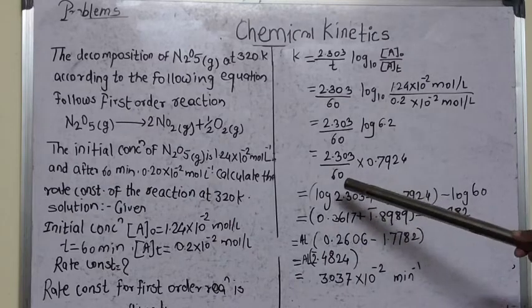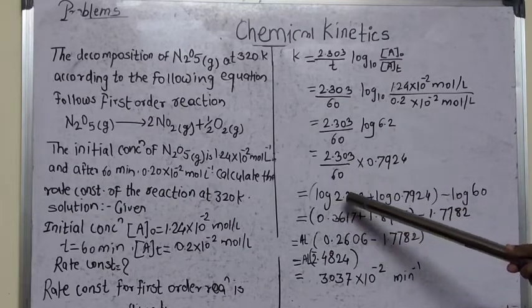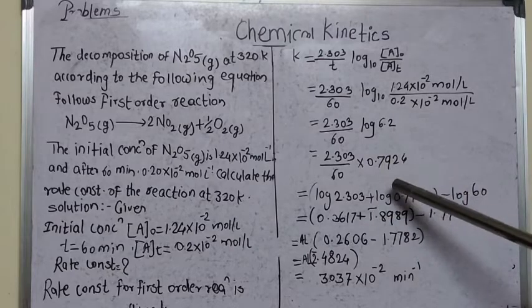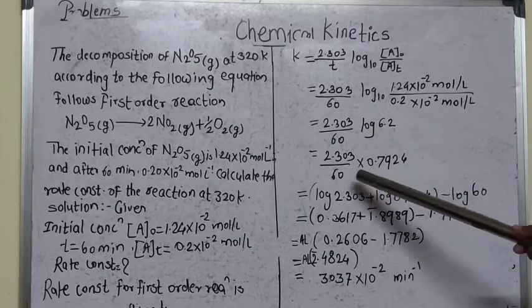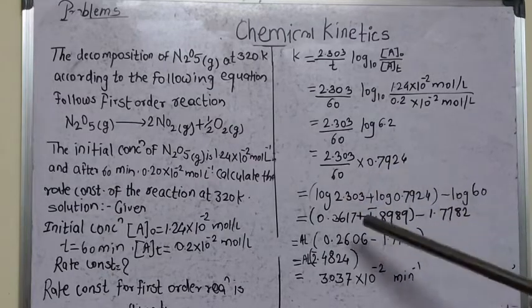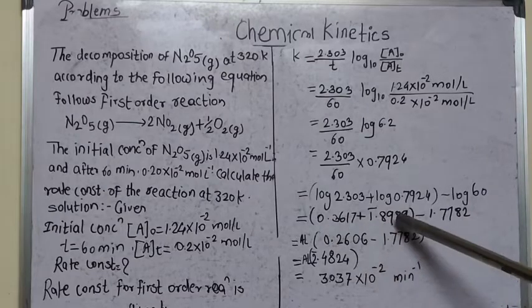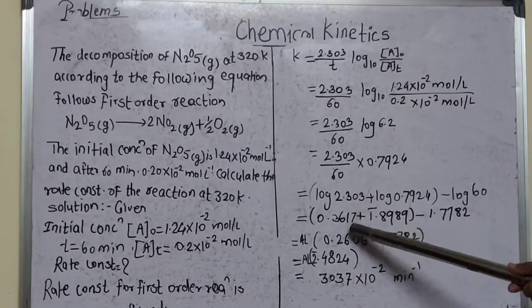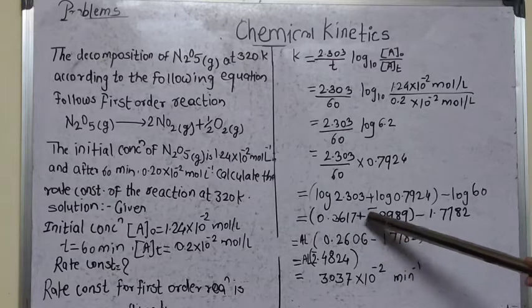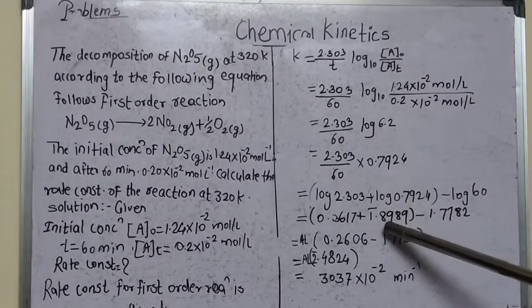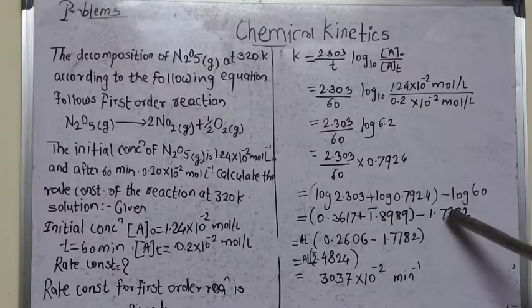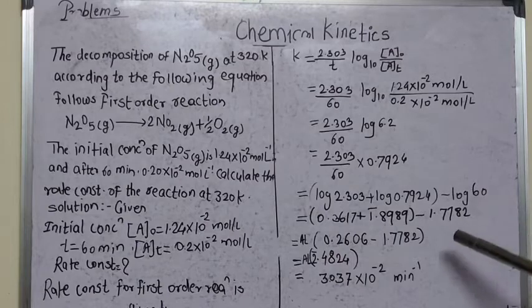Solving this problem with the help of a log table: log 2.303 plus log of 0.7924 minus log of 60. The value of log of 2.303 is 0.3617, plus the characteristic bar 1. The value for the log of 7924 is 8989, minus 1.7782 for the log of 60.